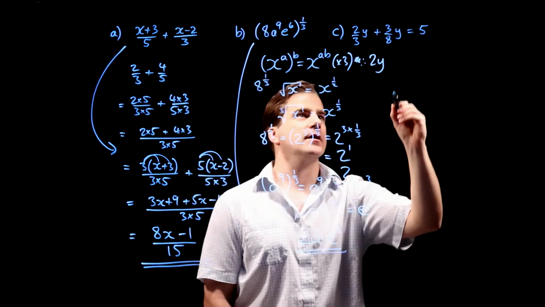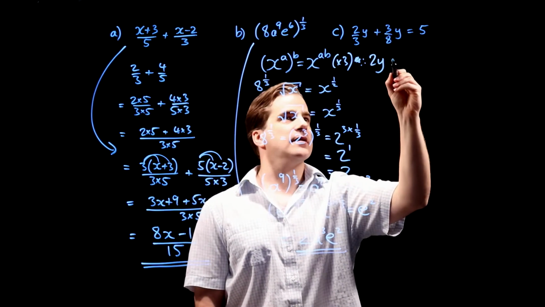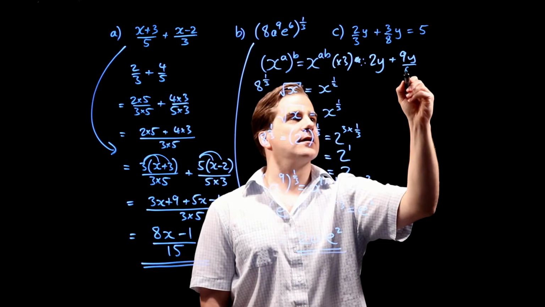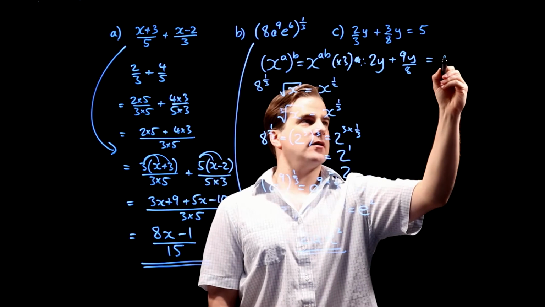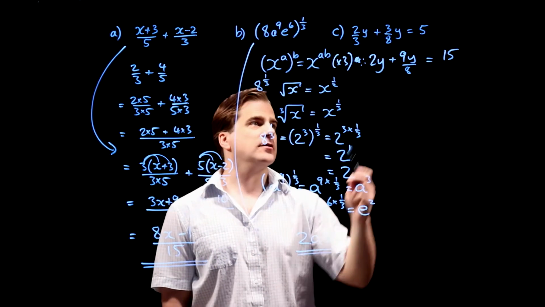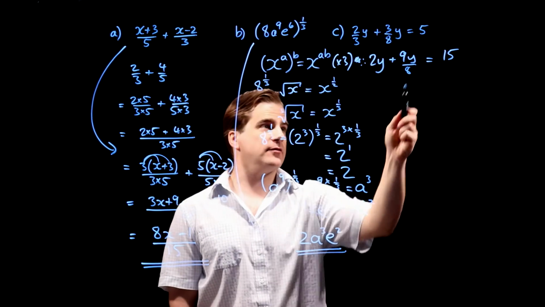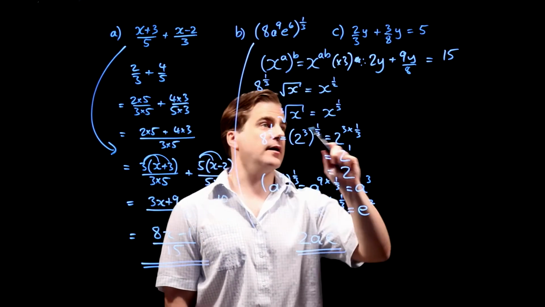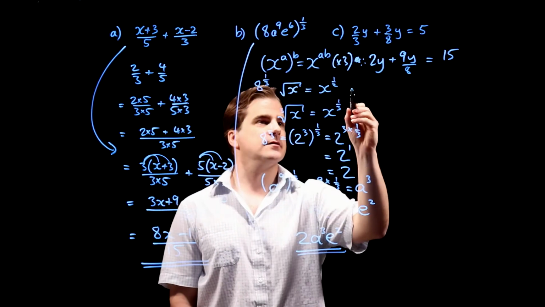Okay. Multiply everything by 3. 2y, 3 times 3 is 9, plus 9y over 8, equals 5 times 3 is 15. Okay, good. We've got rid of one thing on the bottom. Now we've just got one thing left on the bottom, which is 8. Let's get rid of that by multiplying everything by 8.